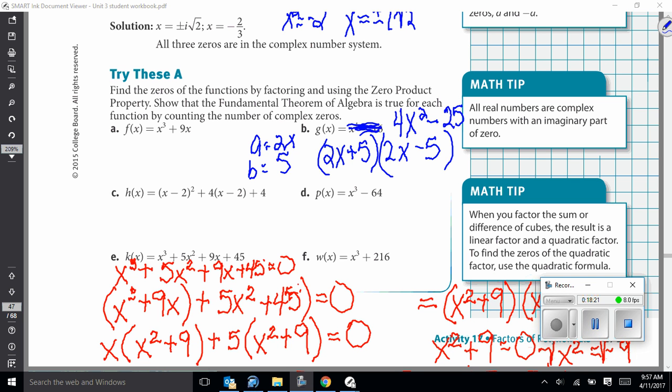So now we just need to set each of these parentheses equal to 0 to find our root. Since this is a square, how many roots do we have?